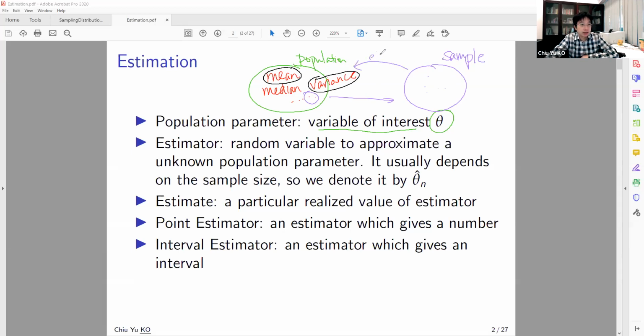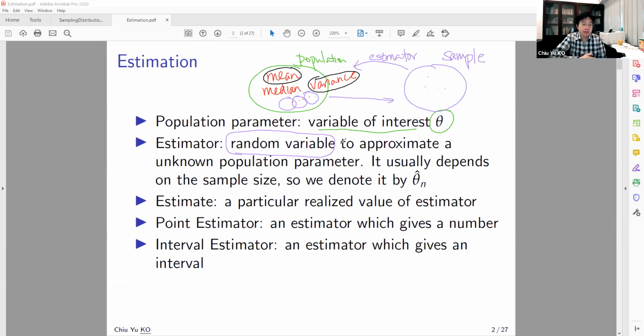This is called an estimator. You can imagine it as a formula. It is a random variable, because it depends on what you draw. There are many ways you can draw a sample. The population itself has no uncertainty, but depending on what kind of sample you draw, you come out with a different sample, and before you draw, you don't know what it is.